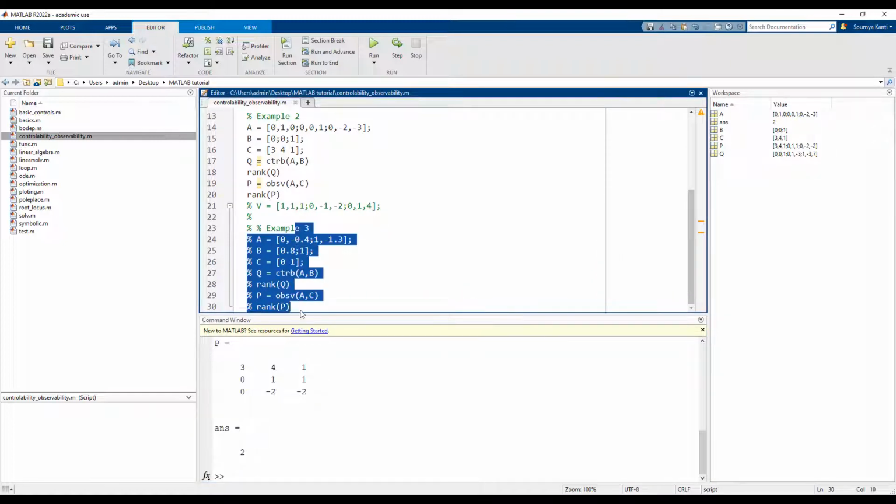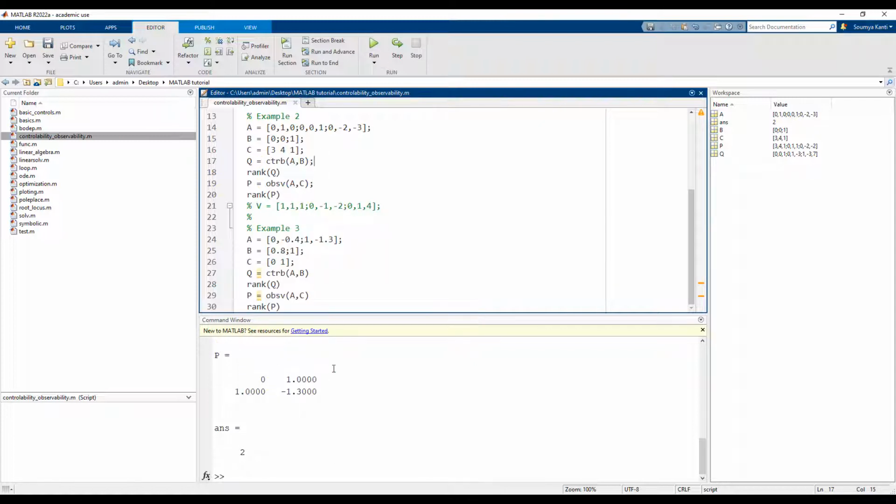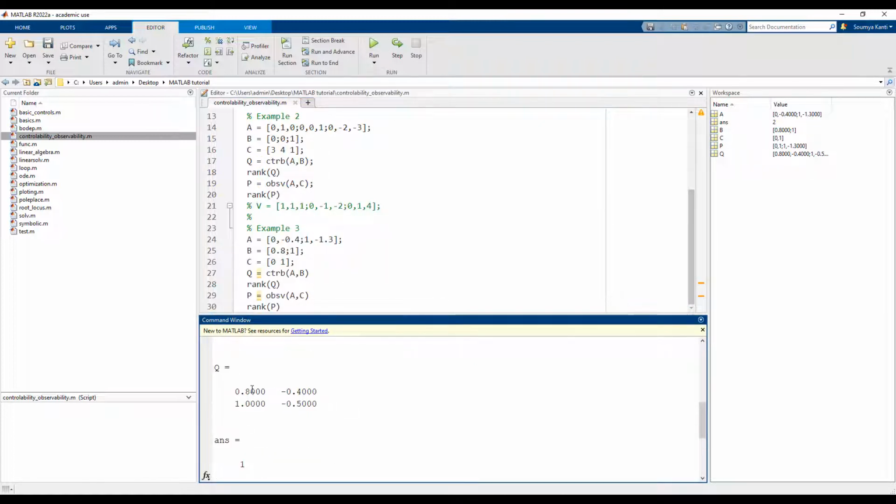And this is another example. Here the Q is a 2 by 2 matrix, but the rank is 1, so the system is not controllable.